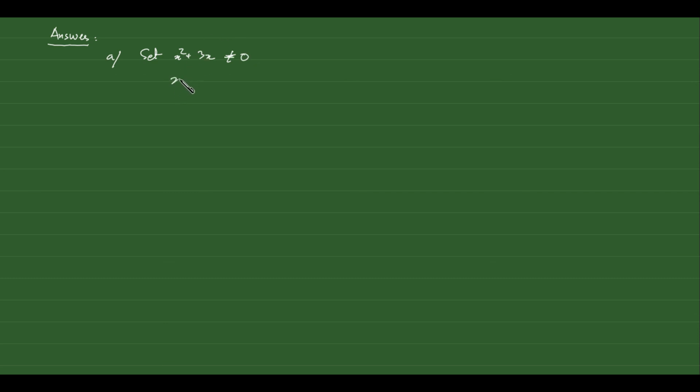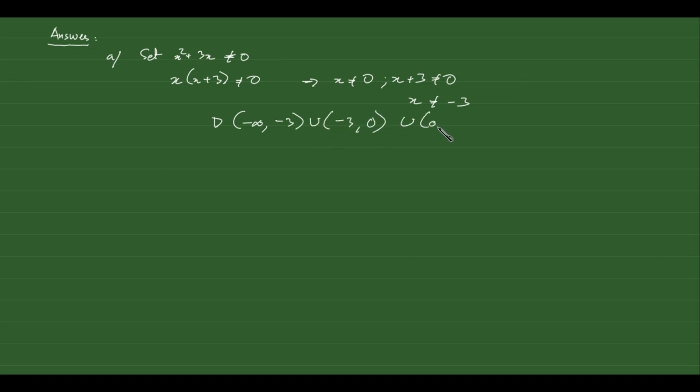Now we have to factor it out. So x different from 0, and x plus 3 different from 0, which is x different from -3. There are two values on the number line that we have to exclude. So the domain will be -infinity to -3, union -3 to 0, union 0 to positive infinity. So that's the domain.